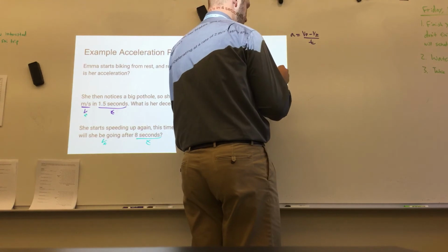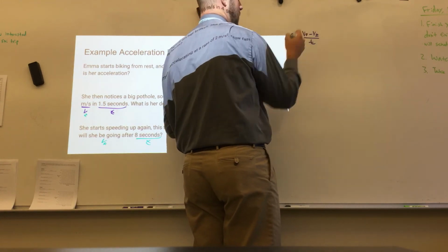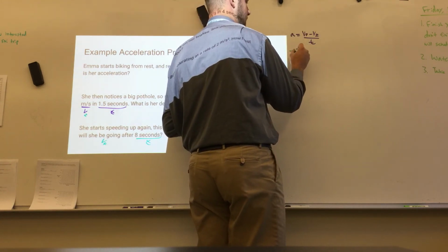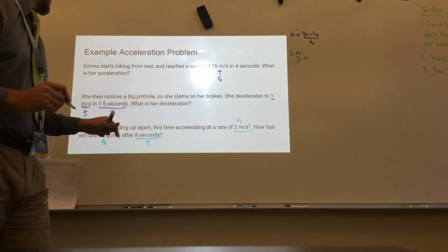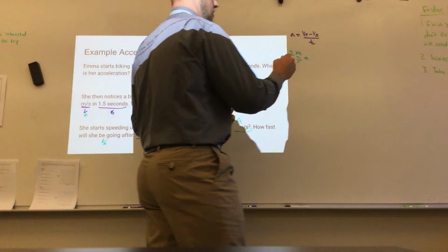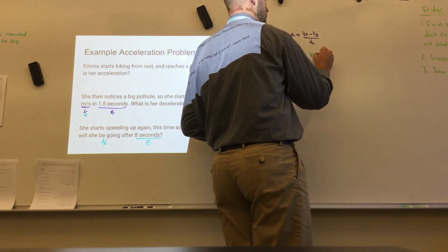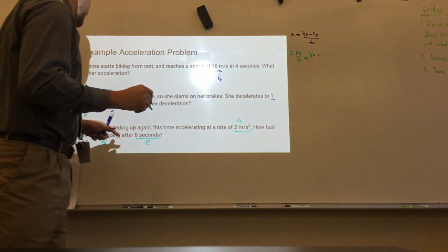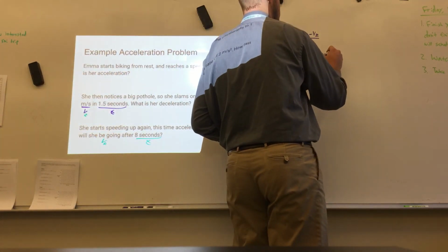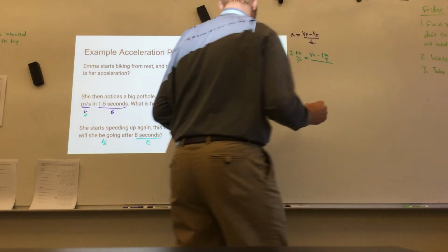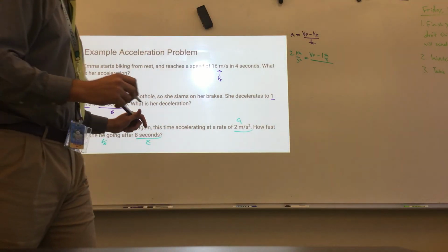Notice that I'm not drawing the arrows anymore about how each goes in here. Hopefully that's something that you don't have to do every time. You can if you want, but I'm just going to go ahead and plug everything in here. vf is what we want to know, minus v initial was 1 meter per second, divided by a time of 8 seconds.